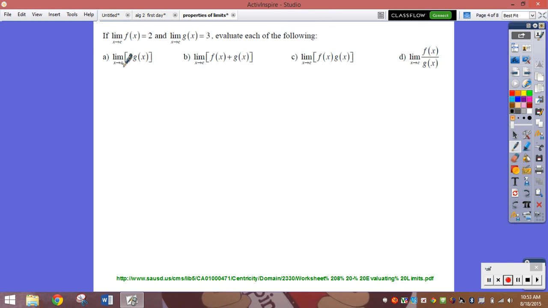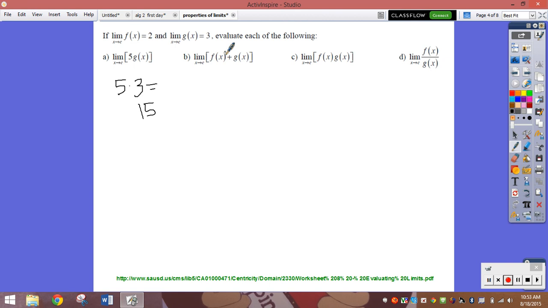So A represents our scalar multiple scenario, where we can find the limit of g of x and then multiply that limit by 5. So the limit of g of x is 3, so I can do 5 times 3 and get the limit, which would be 15.